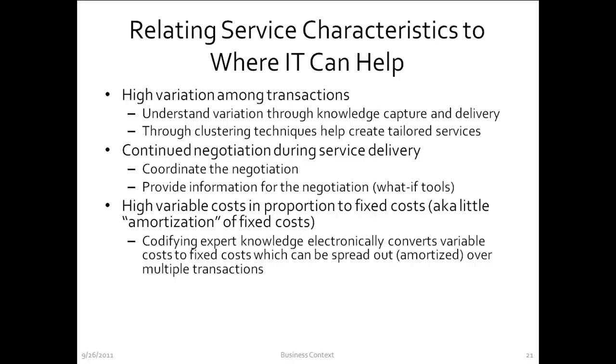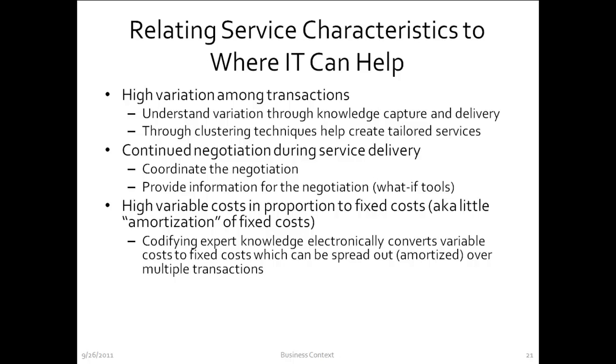The third item is labor cost amortization. Every product, every organization has fixed costs and labor costs, and the proportion of labor costs to fixed costs in a service is not only high, but consistently high. So the amount of labor involved in preparing a fancy meal doesn't decrease over time or cannot be amortized over multiple customers, but has to be expended for each customer.